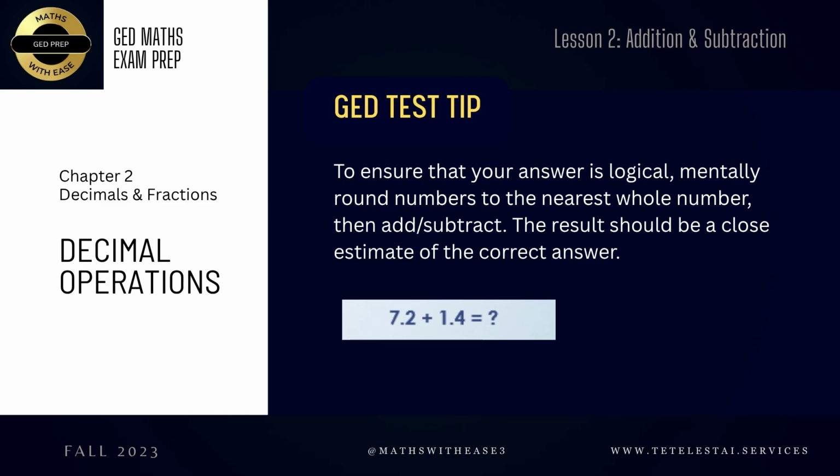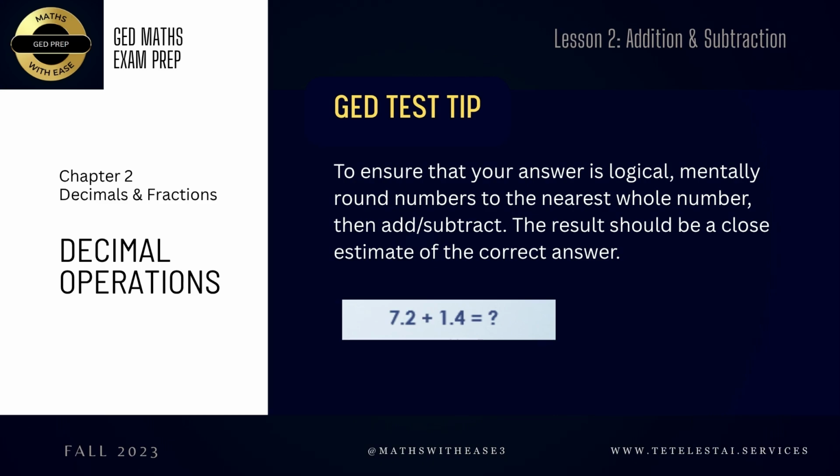So try to mentally round your numbers to the nearest whole number, then proceed with the required operation, and your result should be close to the approximation that you did in your head right before you started working on the problem.